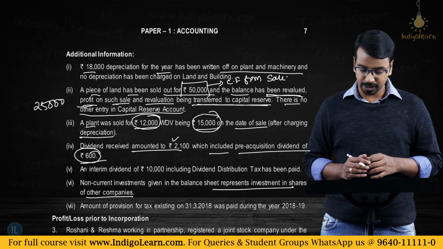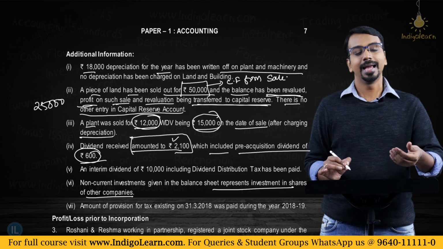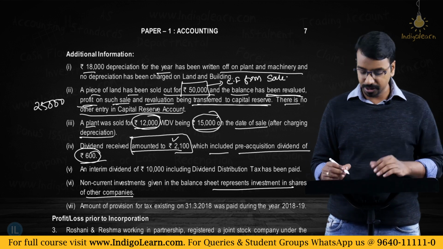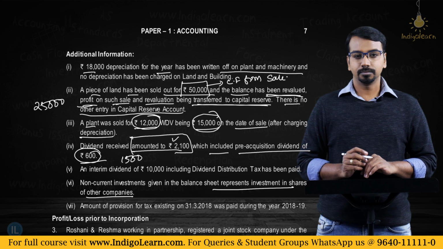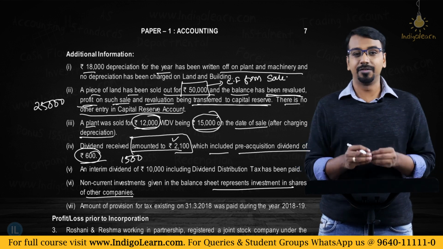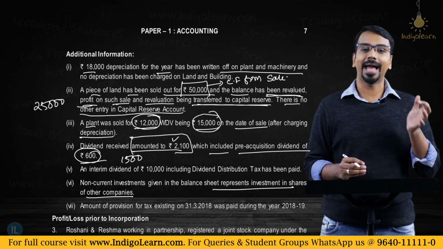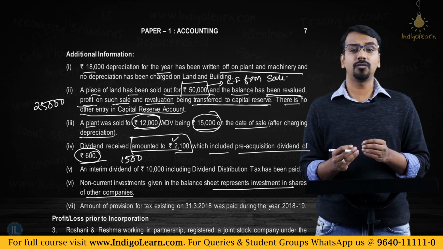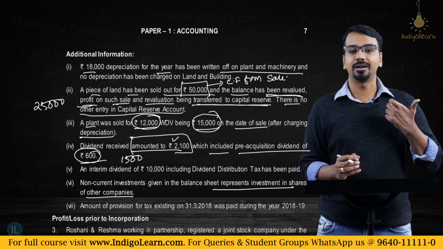So you have figured out how much is the cash outflow on account of purchase of investments. If you come back to this adjustment, it says dividend received amounted to 2,100 and pre-acquisition is 600, which means post-acquisition is 1,500. Now, if you receive dividend, you will call it a cash inflow from investment activity. Now, should I take cash inflow as 2,100 or should I take cash inflow as 1,500 is the question.